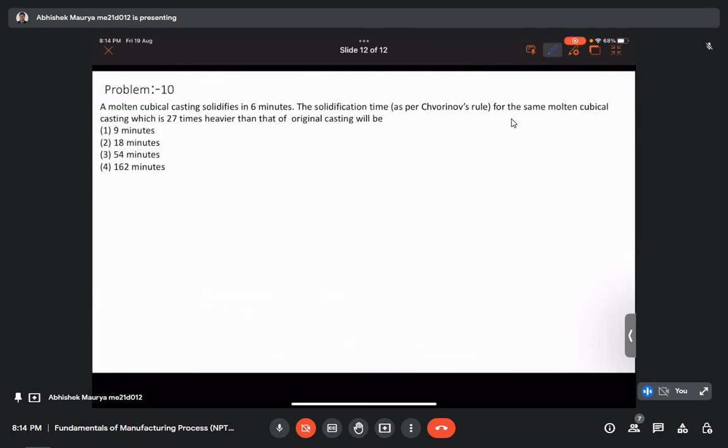So using Chvorinov's rule. For your reference, I can write what the rule was. Basically it is used for the calculation of solidification time. TS is the solidification time in minutes.